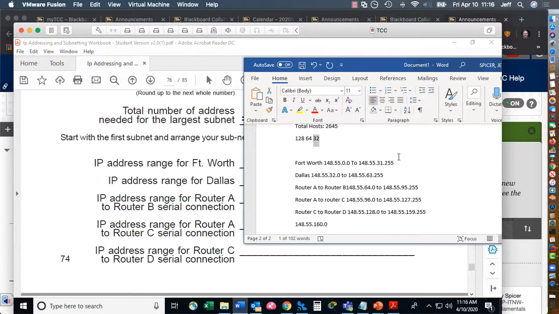And then once you do that, you get the broadcast by just subtracting 1, and it all fills out fairly easy. So that's how I do it: I always just start with my network numbers, and then it's very easy to figure out what the broadcast is after that. And that is how to do the IP packet problems. Good luck, and wish you well.